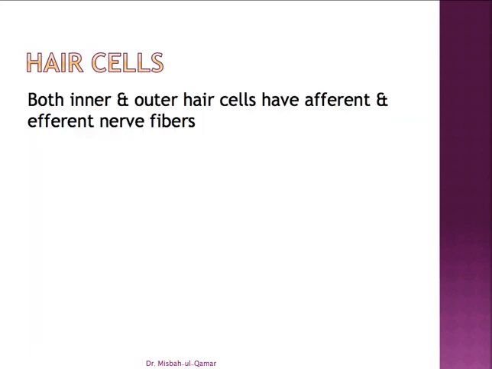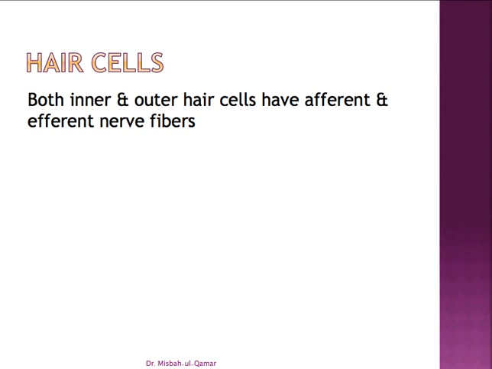All right. You see, there are hair cells which are present in the inner ear, in the scala media, in the cochlear duct of the cochlea, and there are two types of the hair cells. There are inner hair cells, and then there are outer hair cells.